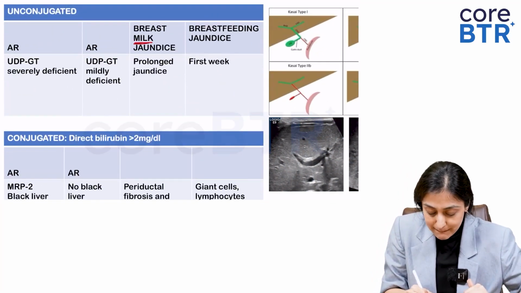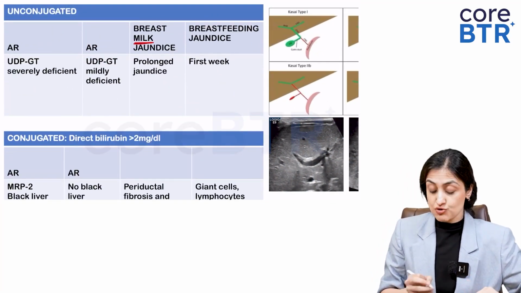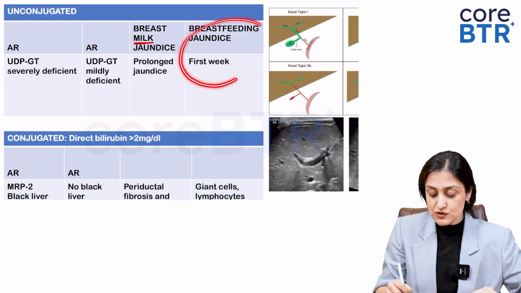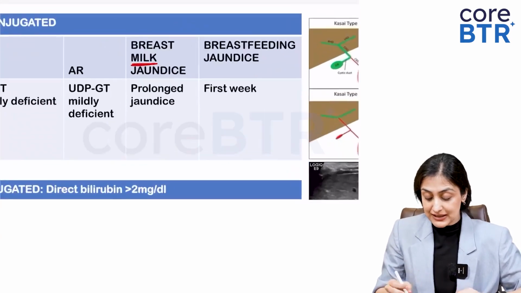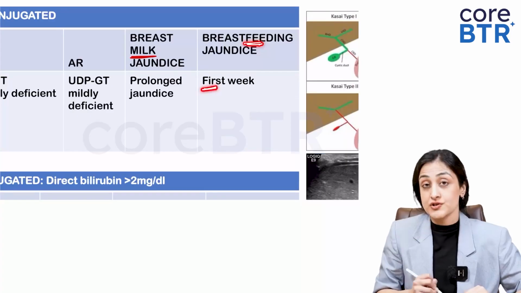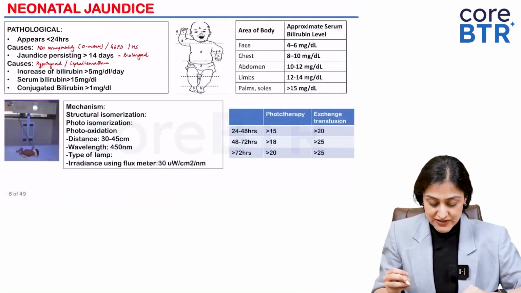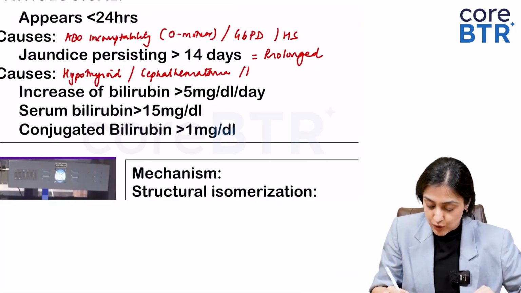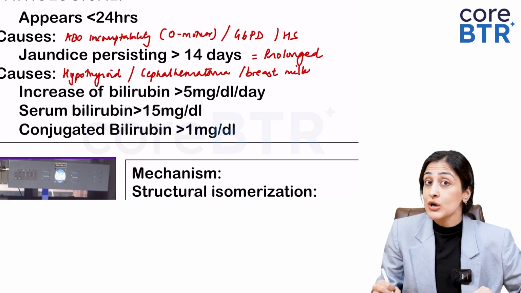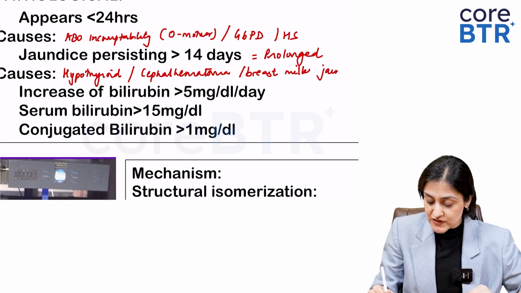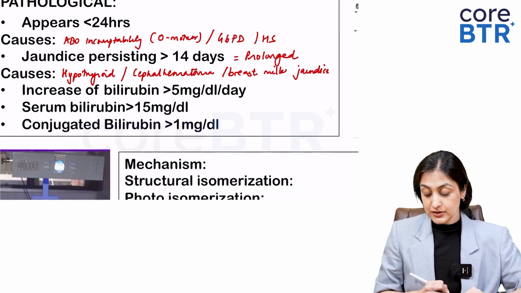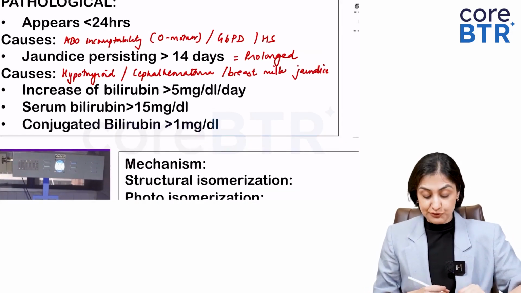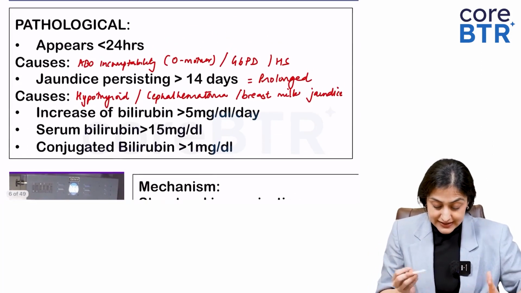It's breast milk jaundice that presents as prolonged jaundice, whereas breastfeeding jaundice is usually in the first week. The name itself has feeding first. Okay, so it is breast milk jaundice. This is a very commonly tested question. We will learn their details, but remember right now, breast milk jaundice is what presents as prolonged jaundice, in the second, third week. Then the rate of increase.